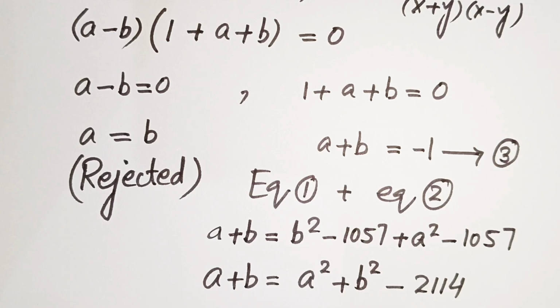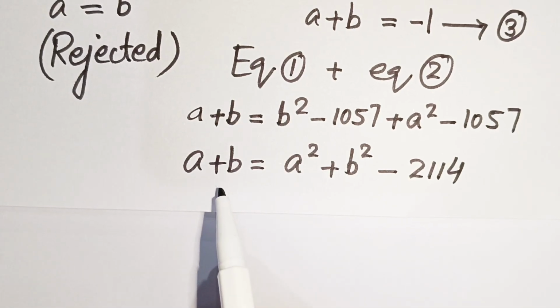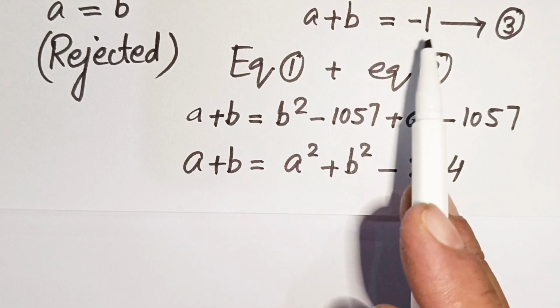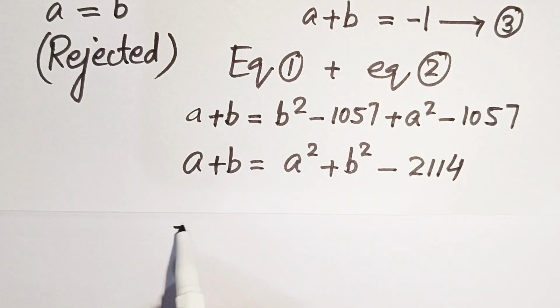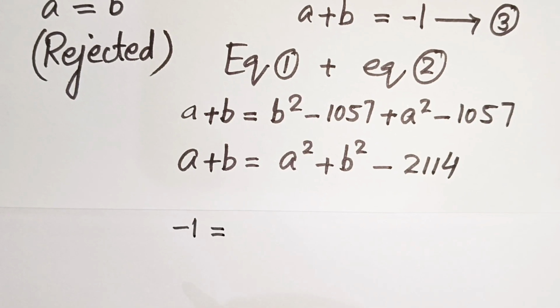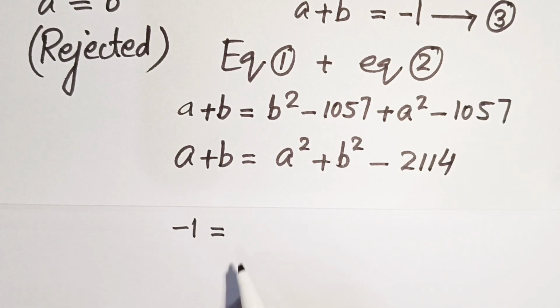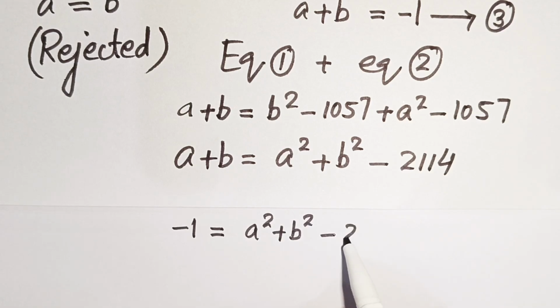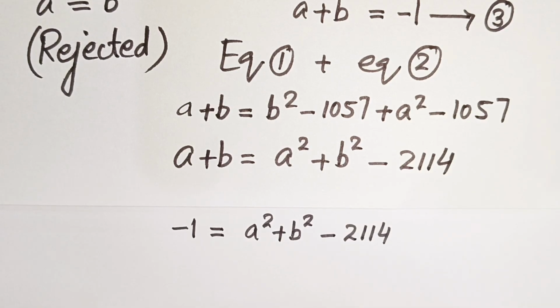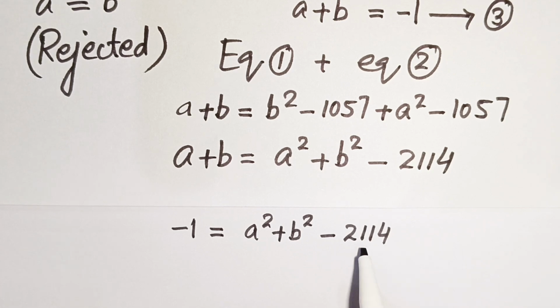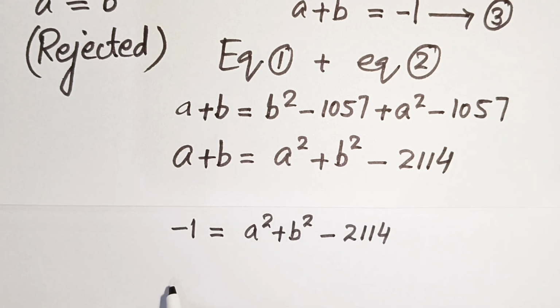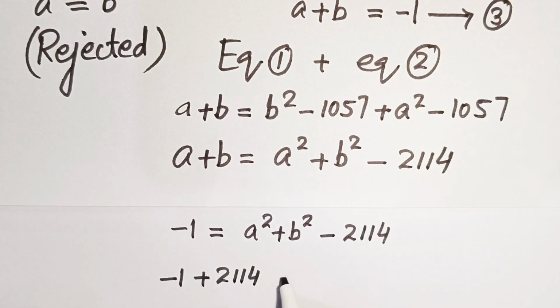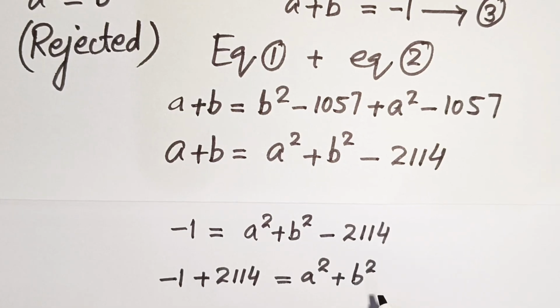So our next step is, from equation 3 the value of a plus b is minus 1, so we put minus 1 is equal to a squared plus b squared minus 2114. If we shift this to the left hand side, then we have minus 1 plus 2114 is equal to a squared plus b squared.